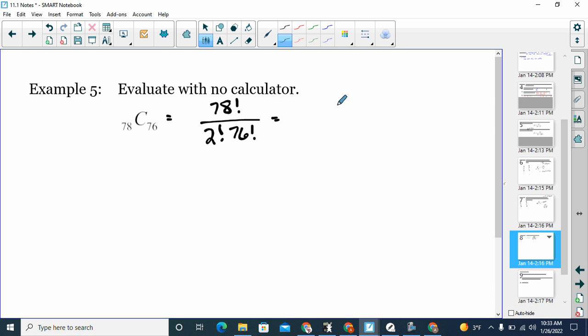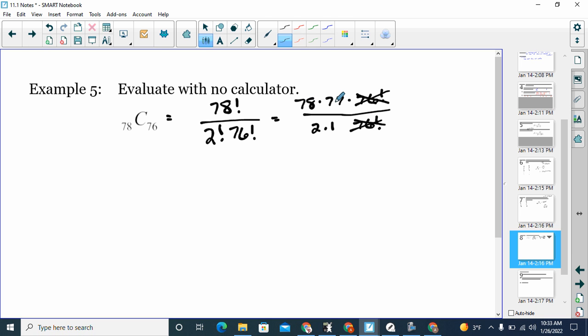So 78 factorial is 78 times 77 times 76 on down, which I can write as 76 factorial. And I choose to stop there because that 76 factorial is going to cancel with the 76 factorial that's in the denominator right here.